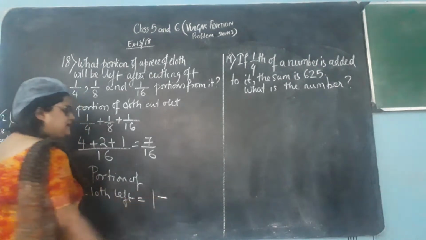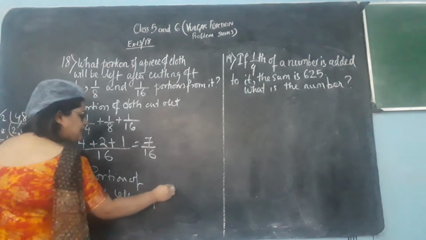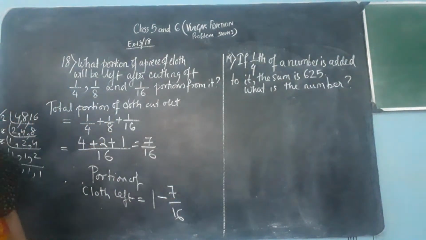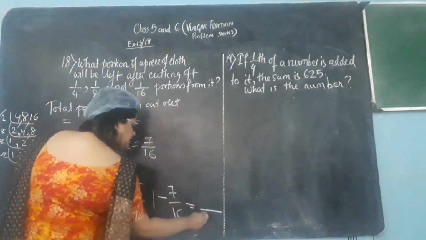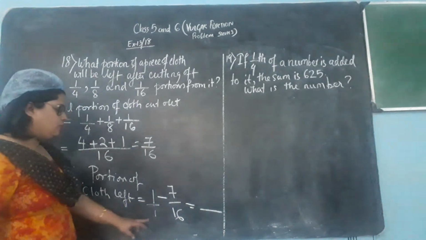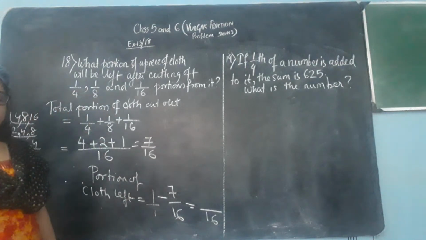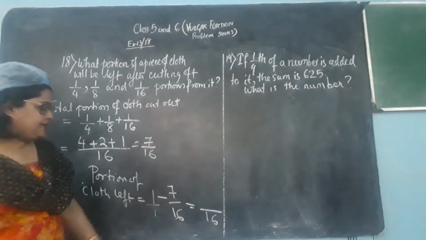From there, if you subtract the total portion cut out, you will get the answer, how much portion is left. Now if you solve it, here you have 1 and 16, the LCM will always be 16. With 1, if you have any number, the LCM will always give back the number.